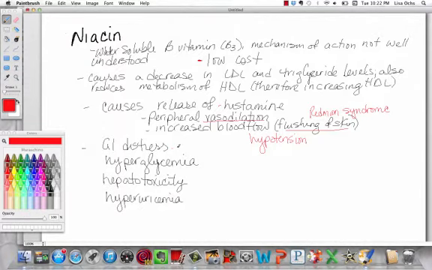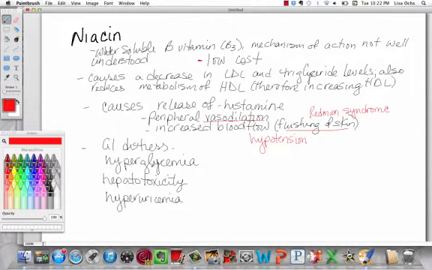GI distress, nausea, fullness, constipation. Usually they're self-limiting. You can have the client take the medicine with food, but they should expect those kinds of effects with these drugs.